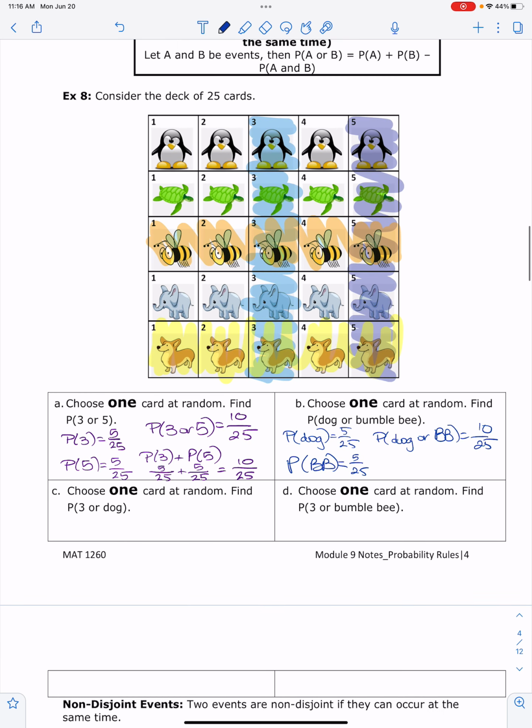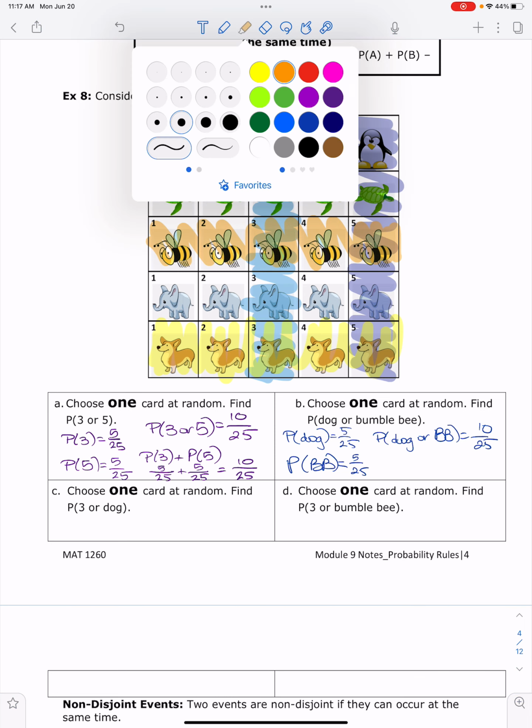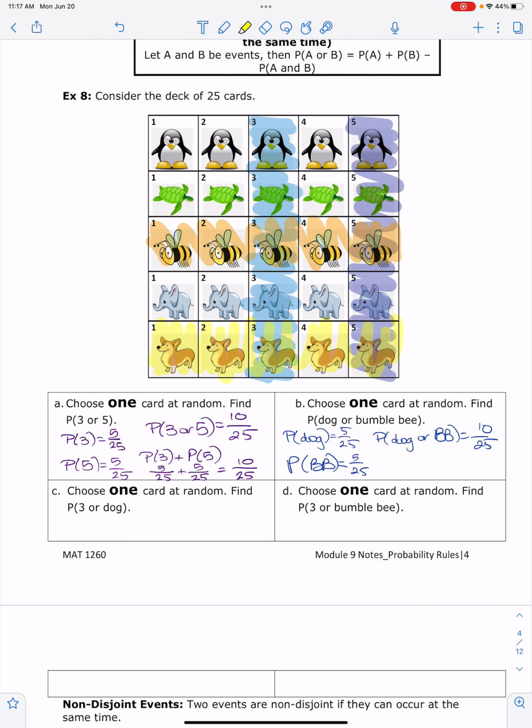C is a little different. My spacing's also way off, so I apologize. Probability of a 3 or a dog. So let's see if we can color code here. Our dogs are in yellow.